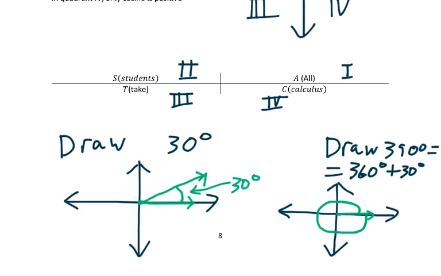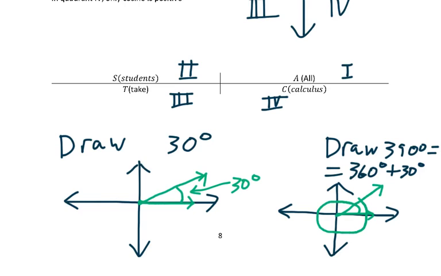Then we have that extra 30 degrees, so we go up here, 30 degrees, like so. The 360 degrees tells us to turn completely around, and then we have this 30 degrees left over.